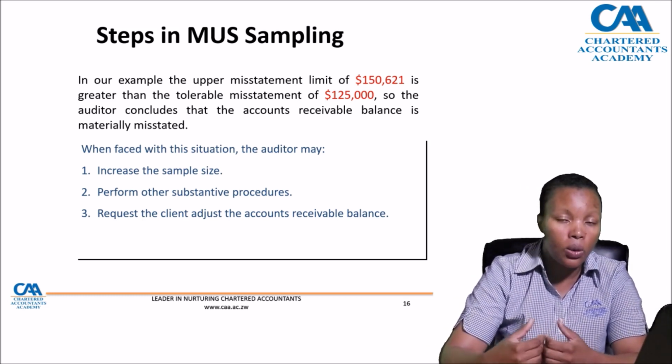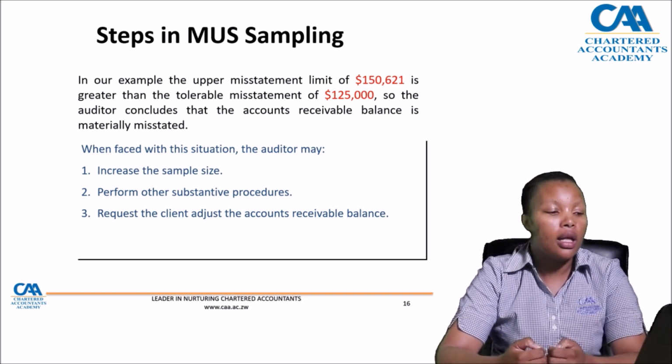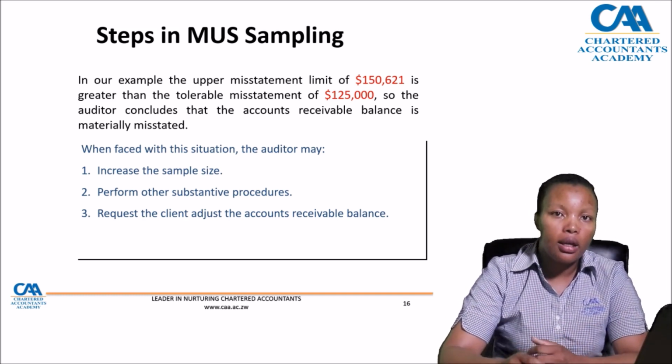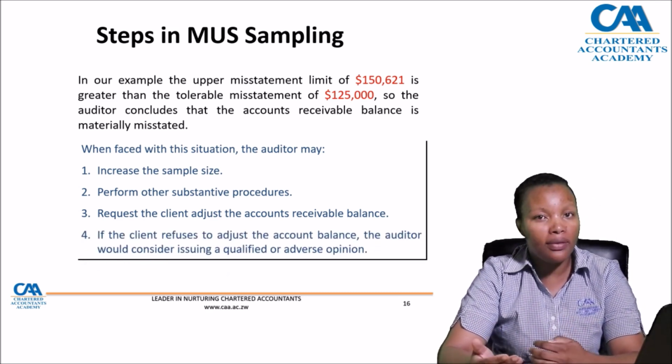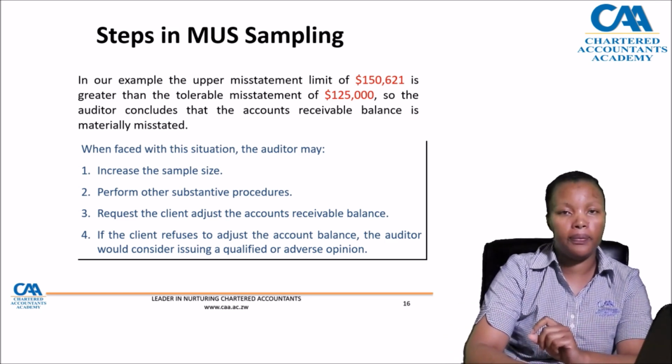In the event that the client refuses to adjust the account balance, the auditor will need to consider whether to qualify the financial statements, to qualify their opinion, to issue a qualified opinion, or to issue an adverse opinion.